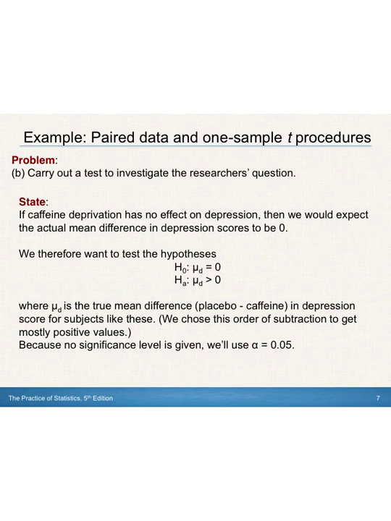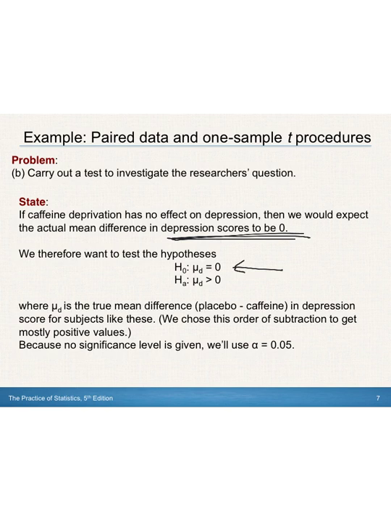Then they're going to carry out the test to investigate the question. So the data has been collected. The null hypothesis is that caffeine deprivation is going to have no effect on depression. And if that was so, then we would expect the difference between the depression scores to be 0. So in our null, notice there's a little d under our mu.